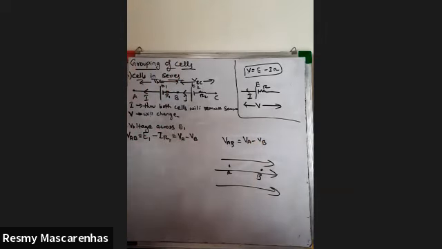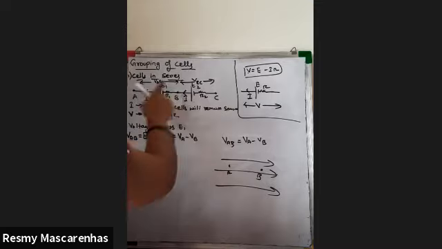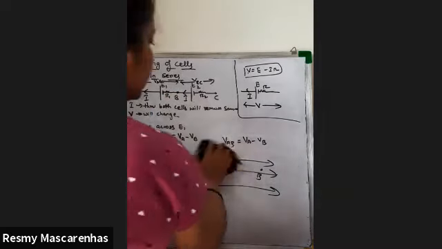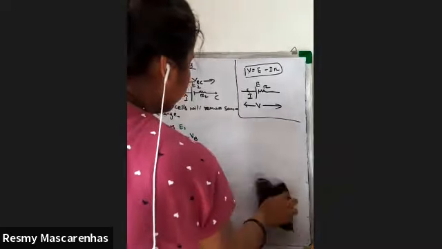So I have written that VAB can be written as potential at this point minus potential at this point. Now why we are writing it, that you will come to know.